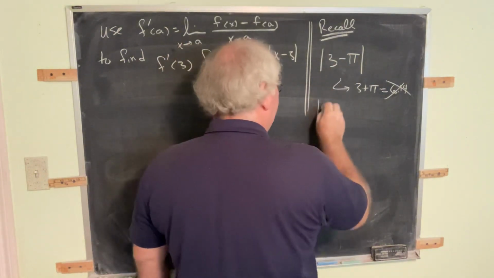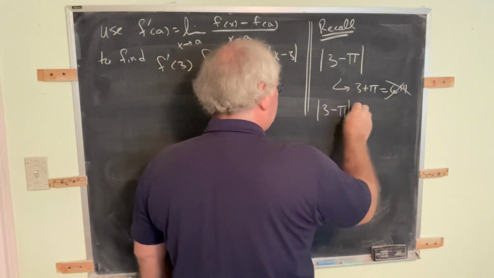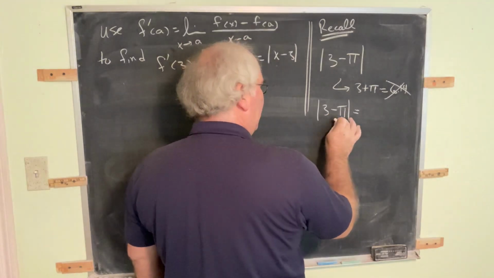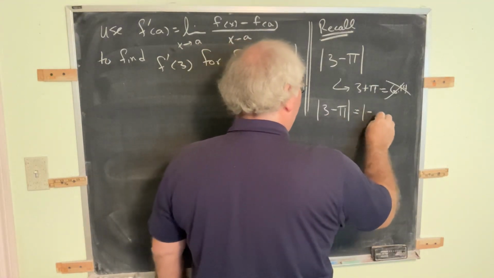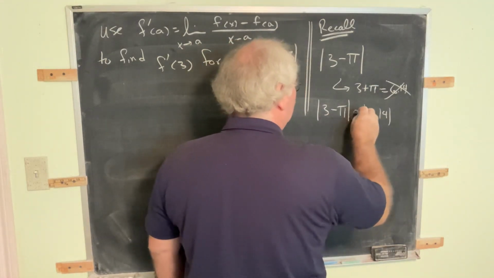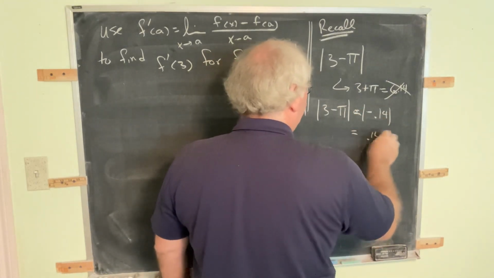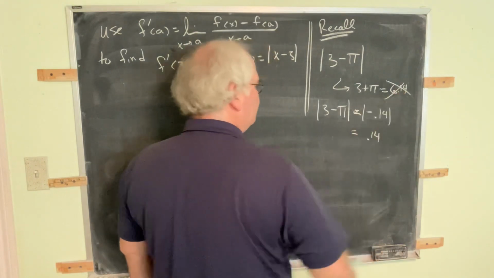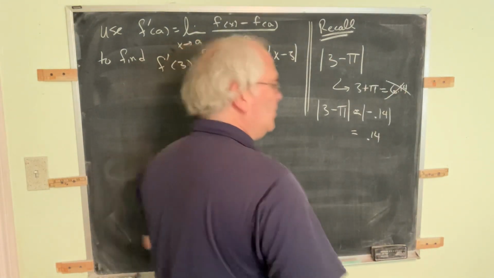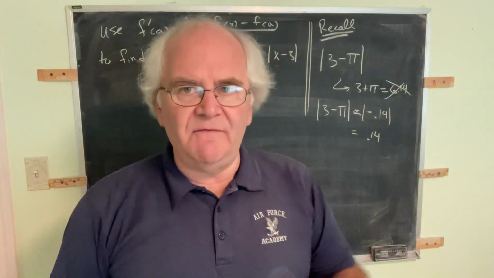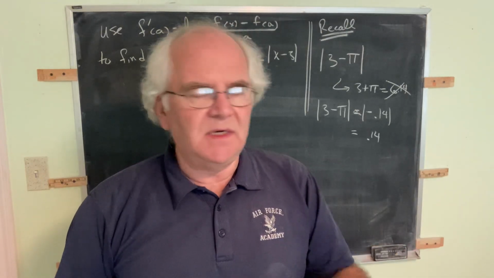Because what is supposed to be correct is 3 minus pi, which is negative 0.14 approximately, and so the absolute value is approximately 0.14. That's the correct result. That's not.